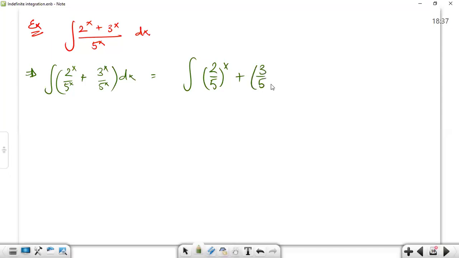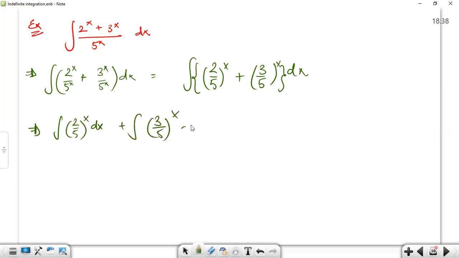Everyone agrees? Yes, sir. Let's divide the integrand also. Now we can see a pattern that in the formulas we discussed the integration of this.